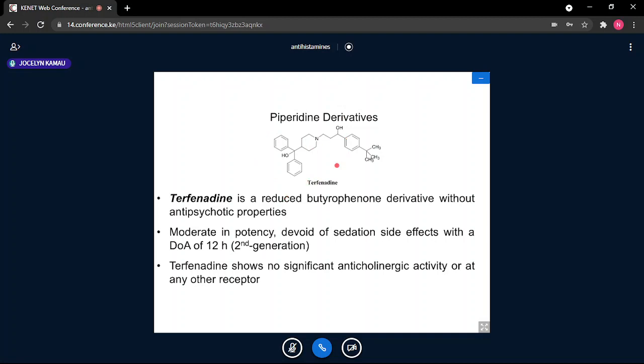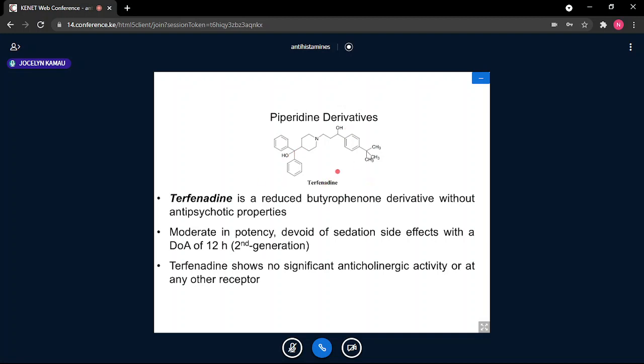Therefore, when you give this drug with those antifungals and the macrolides, the concentration of this drug goes very high. Same case with astemizole, these two drugs cause what we call torsades de pointes. They cause cardiac toxicity, where the QT interval is prolonged.